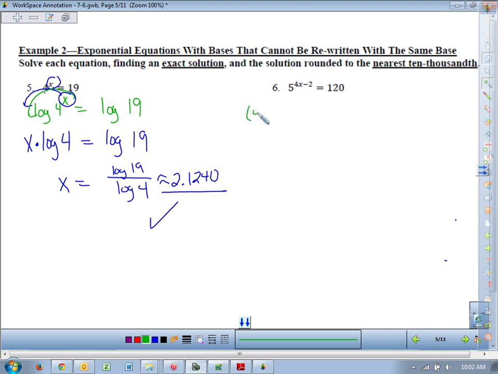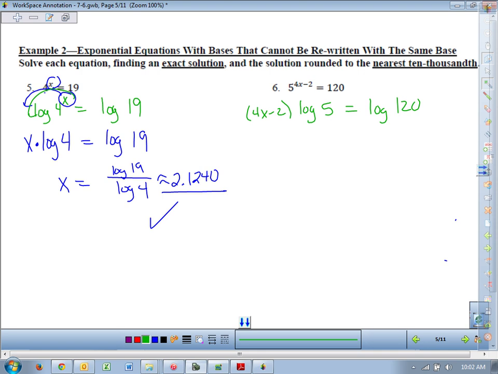That is 4x minus 2 as a quantity. That's the entire exponent. Cool? Put it in parentheses. Now let's log both sides. Log of 5 equals log of 120. Put the exponent in parentheses.